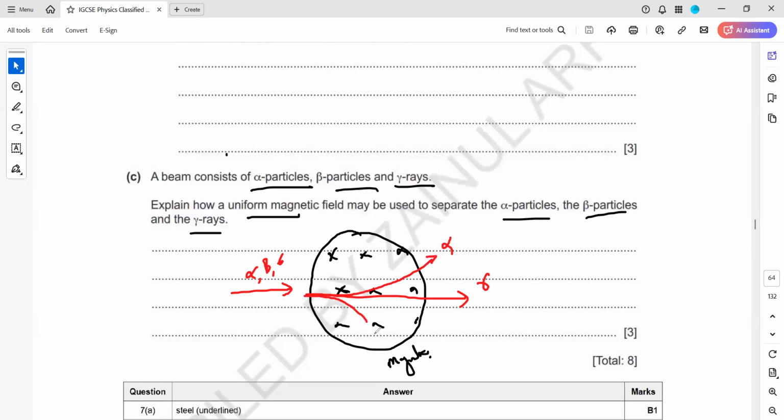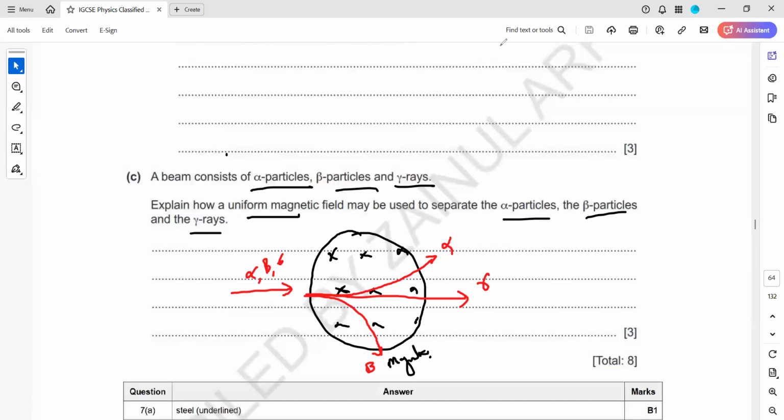And the radiation which deflects more will be beta, or electron, and it will be in the opposite direction. So how may the uniform magnetic field be used to separate alpha, beta, and gamma? We apply a uniform magnetic field perpendicular to the direction of these particles and radiation. Gamma won't deflect, beta will deflect the most, and alpha will deflect the least, in the opposite direction.